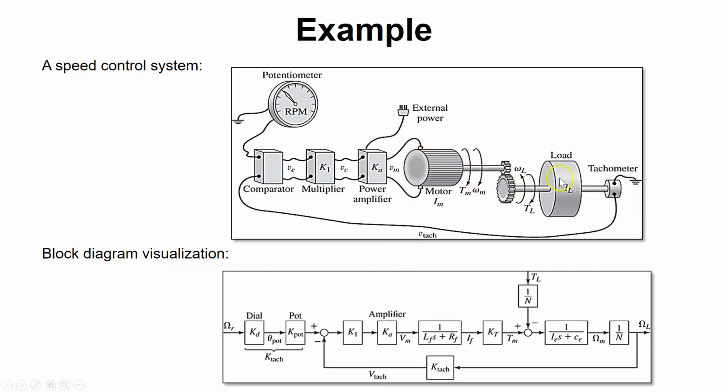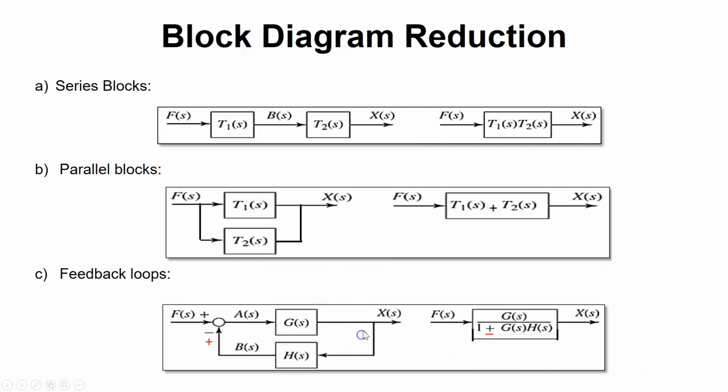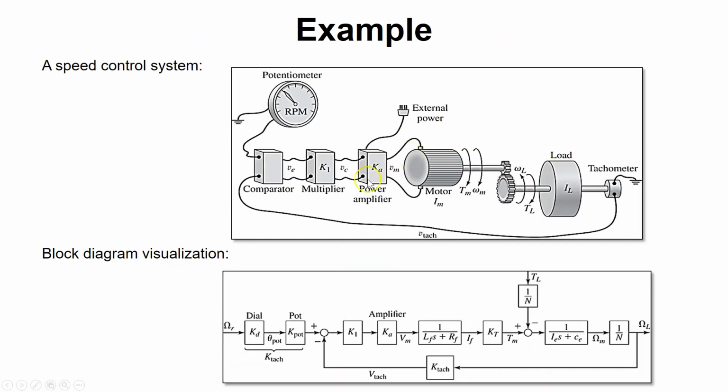Whether it's an input-output relation, you show it by these transfer functions. Whether it's simple gain because of gear reduction, you show it by 1 over n, and so on and so forth. And whether you're getting a feedback, you're showing it here. So this block diagram shows the behavior of that system, right?